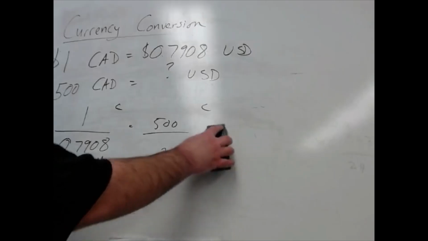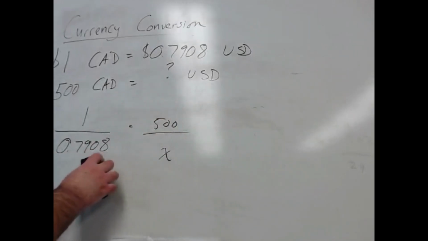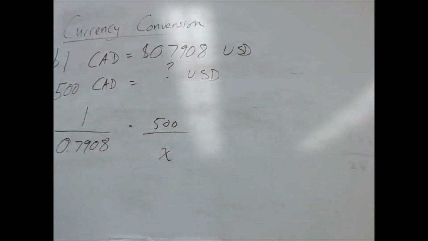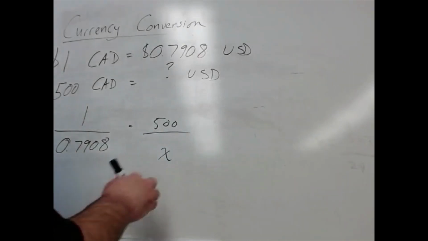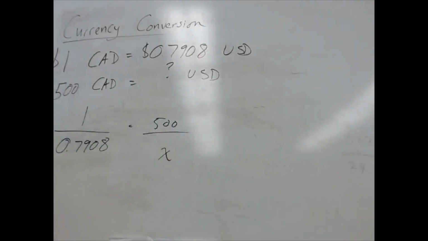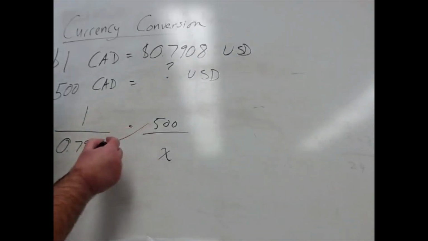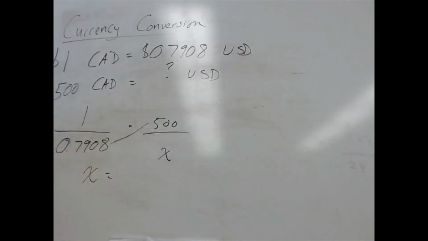I'm going to remove these C's and U's now, so I can tidy it up a little bit. Now I need to solve for this value here using cross multiplication. If you have trouble with cross multiplication, we want to double check the previous video. In this case, I would multiply these two numbers here and divide by 1.